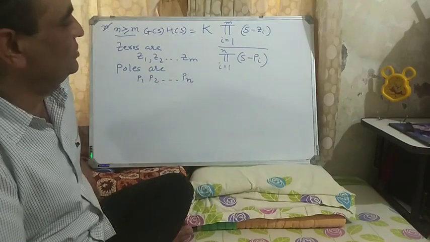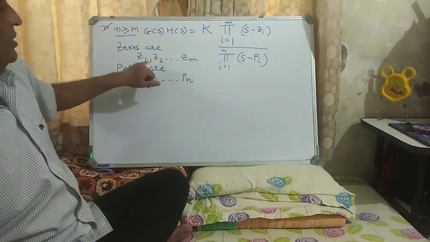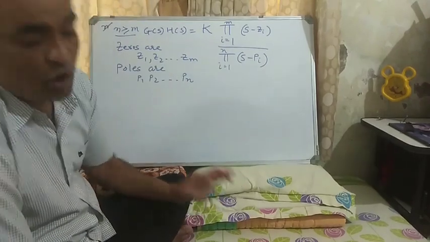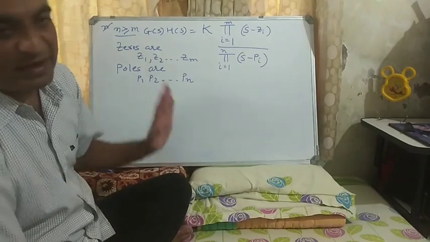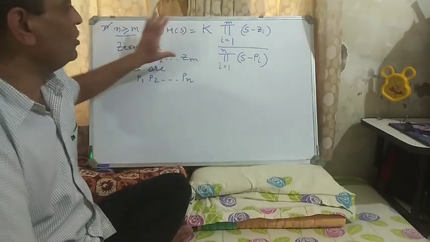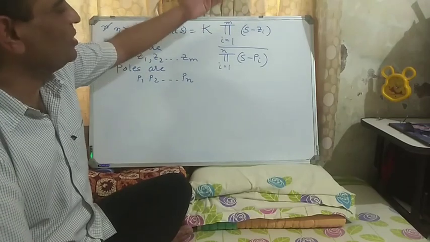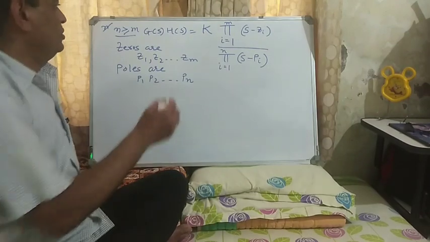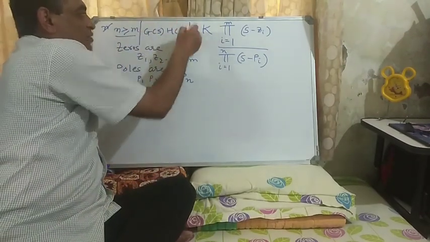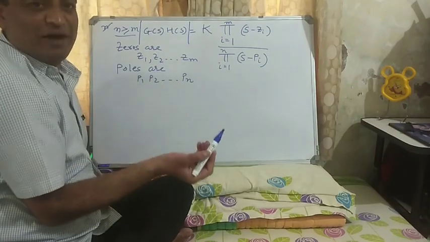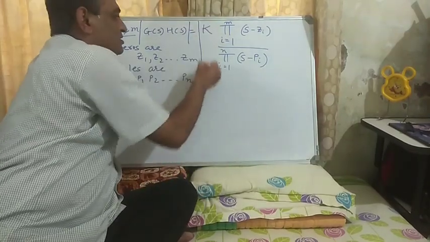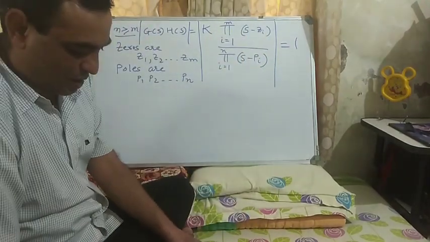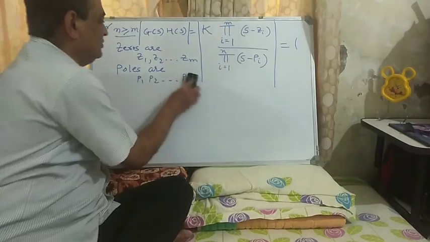Remember that z1 to zm or p1 to pn can be real or complex; it doesn't make any difference. So this is a general open loop transfer function, where from the numerator you get the zeros and from the denominator you get the poles. Now the magnitude of G(s)H(s) was equal to 1 for the characteristic equation, so this should be equal to 1. Now I will drop this portion.